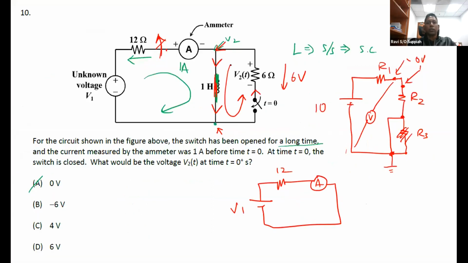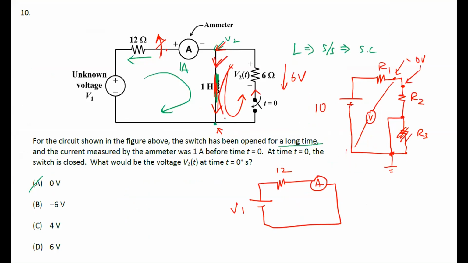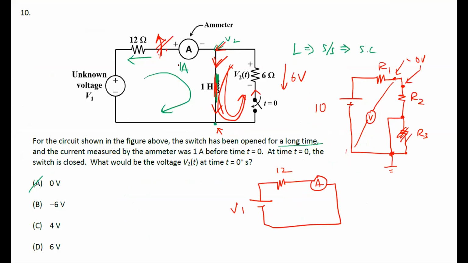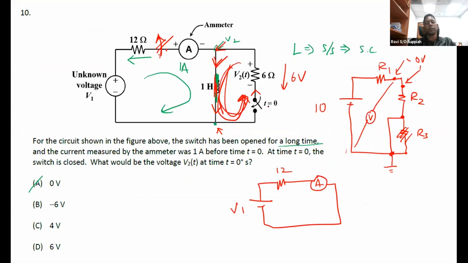Okay, so this is the anti-clockwise, correct? Because it's been going down, correct? Yes. So it is now going to carry on in this direction if let's say this part is now open. Oh, okay. So it's not going to go in this anti-clockwise direction. So that's why it's considered negative 6 volts.